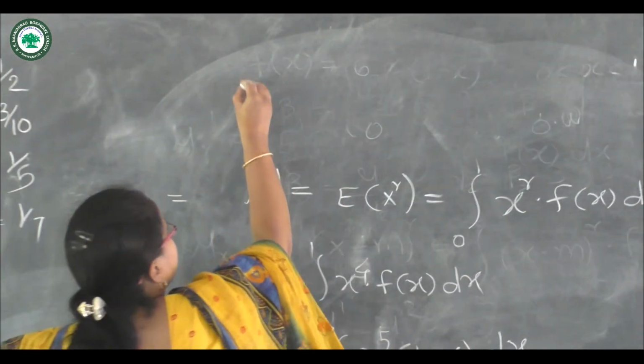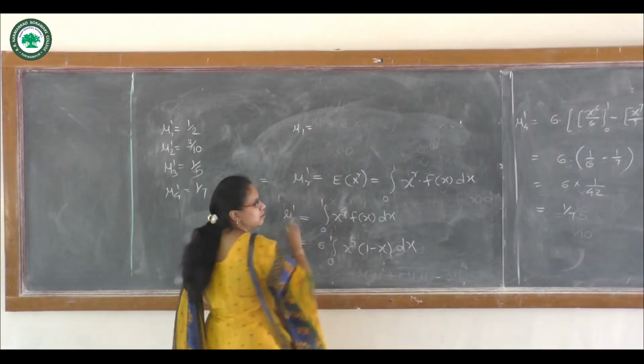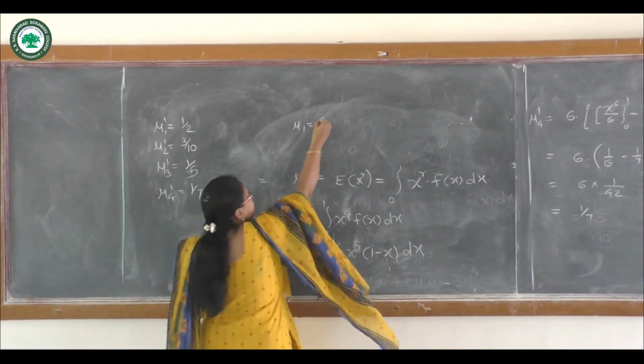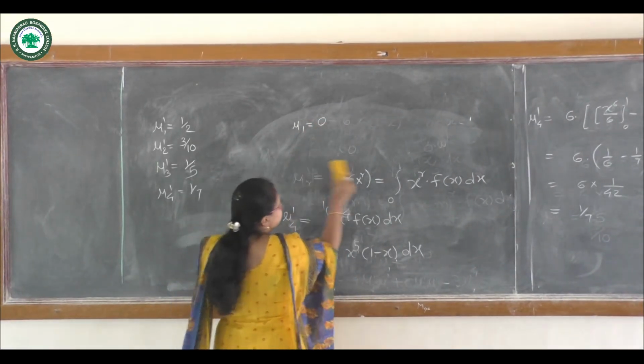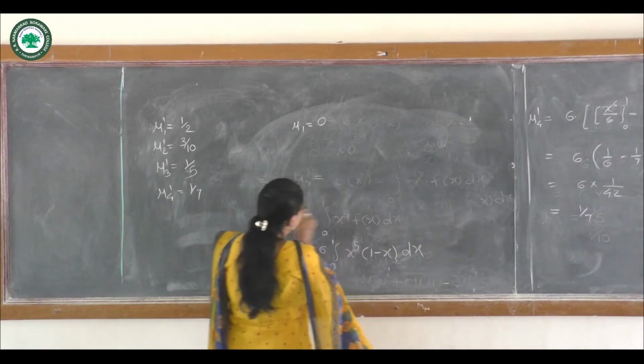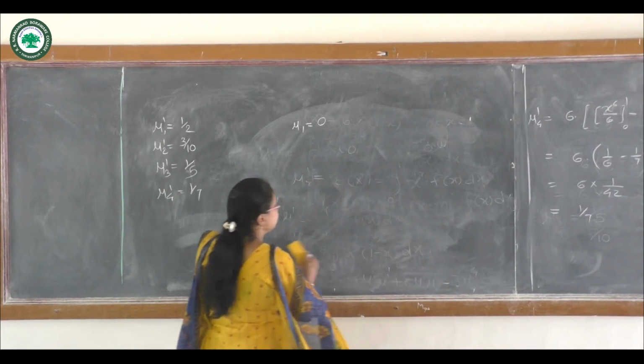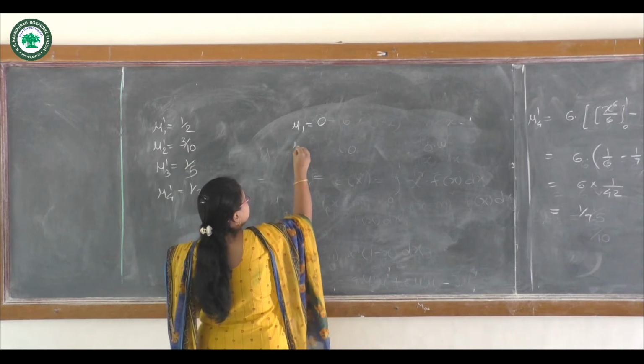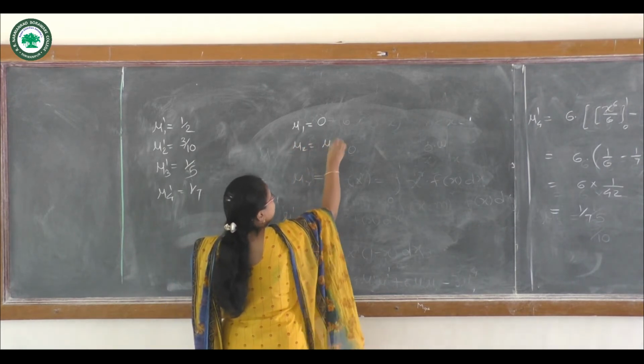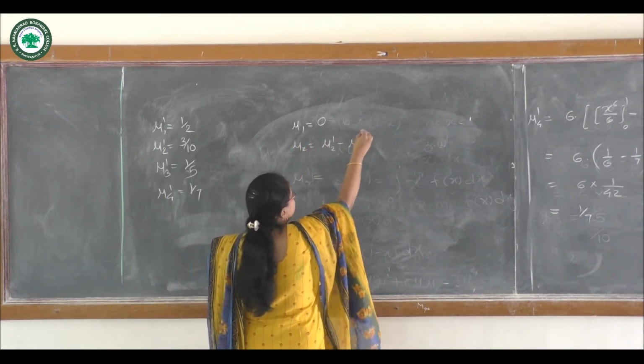So here mu 1 is 0. Then we can find out mu 2 as mu 2 dash minus mu 1 dash square.